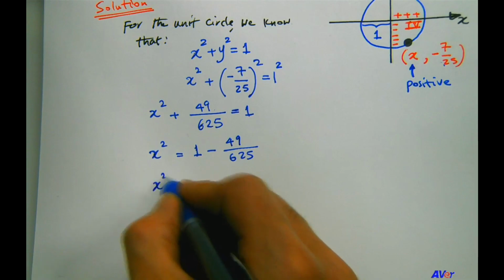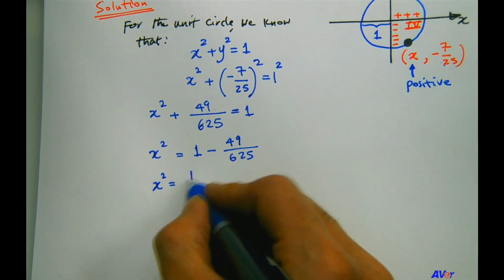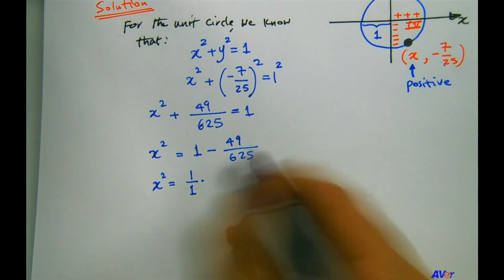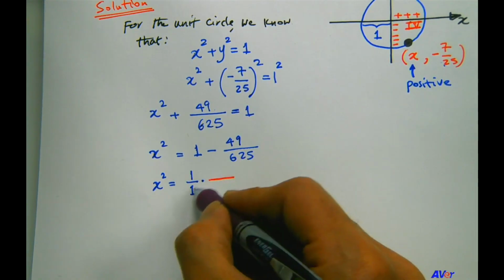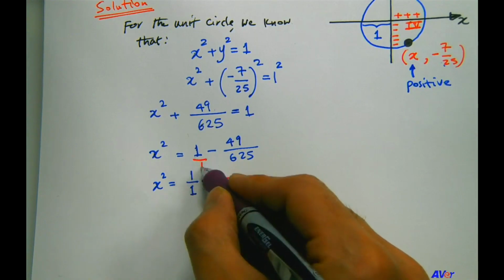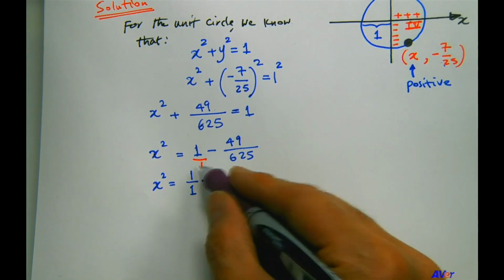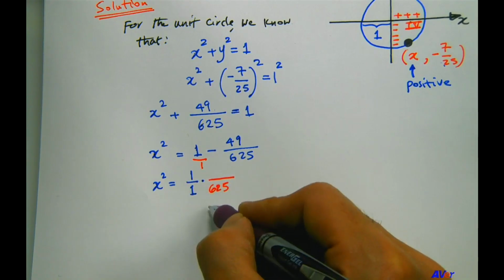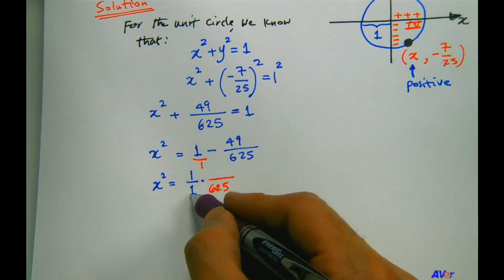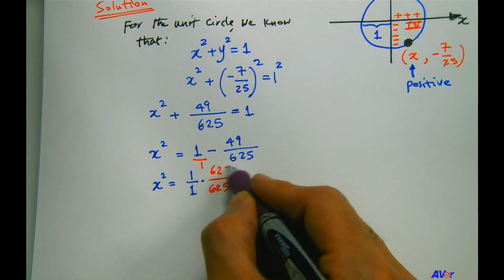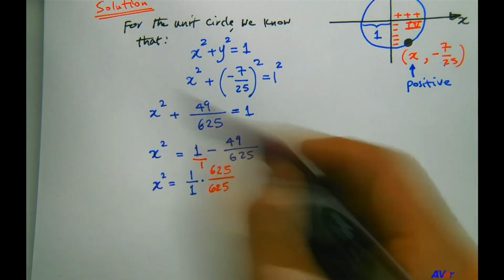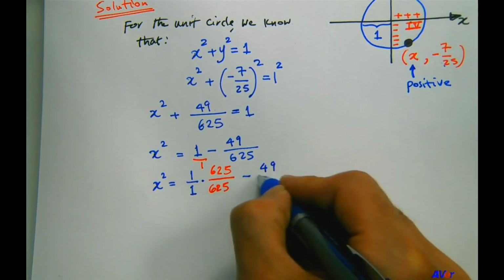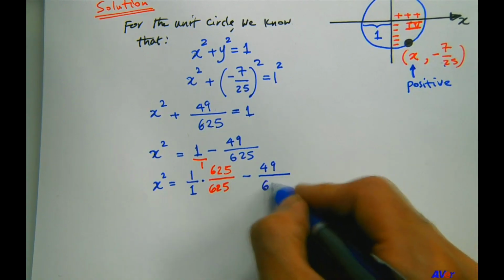So x squared is equal to 1 over 1 times, the common denominator is 625. To get 625 from 1, all we have to do is multiply it by 625. But we can't do that to the denominator and not do the same thing to the numerator. So multiply the numerator by 625, right? And then minus the rest of this, which is 49 over 625.